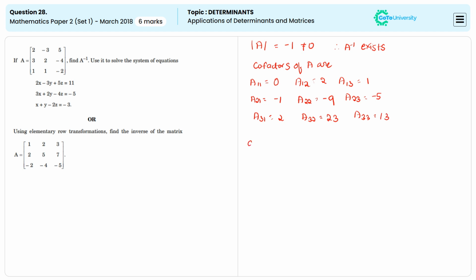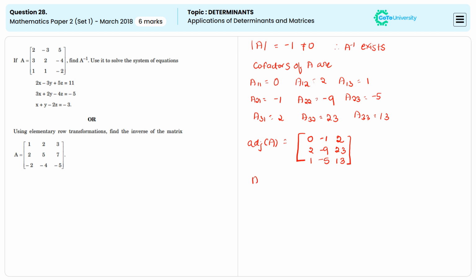Then finding the adjoint of this matrix by taking the transpose of the cofactors, we get 0, minus 1, 2, 2, minus 9, 23, and 1, minus 5, 13. So this is the adjoint of this matrix.